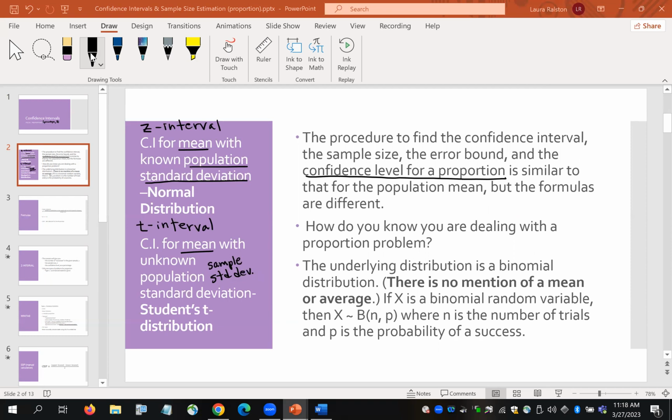It's based on the binomial distribution, where we think about the number of trials, how many times we do the experiment, which is sort of like your sample size, and the probability of success. What's the chance that that particular thing is going to happen? Again, the formulas are slightly different, but Minitab's going to do the work for us.